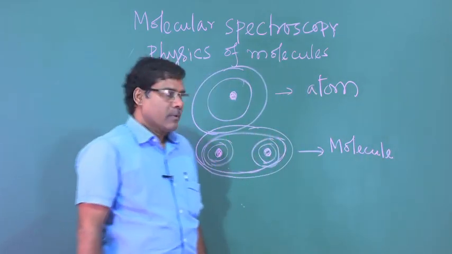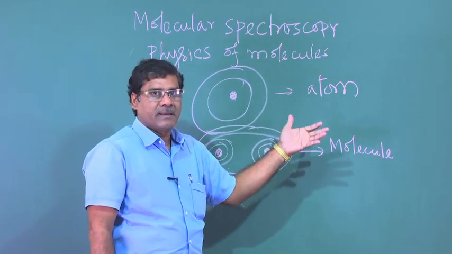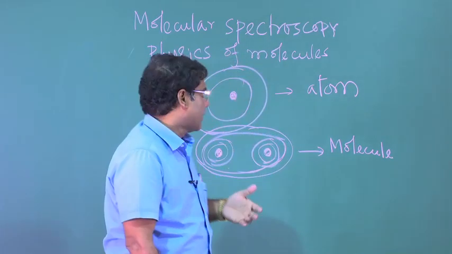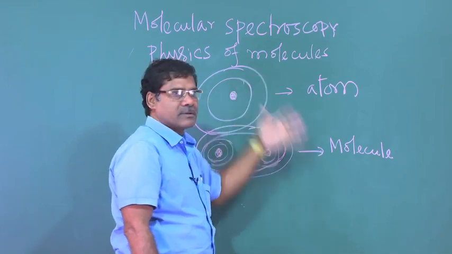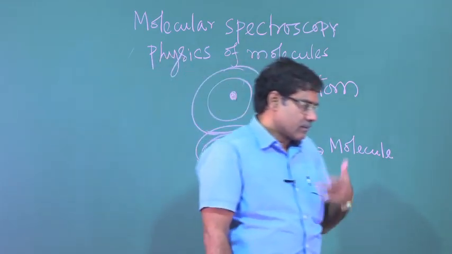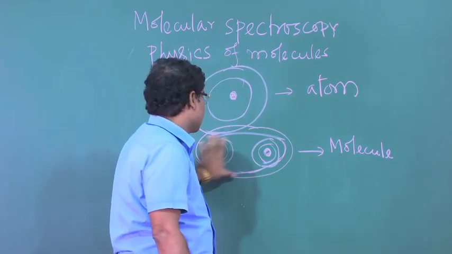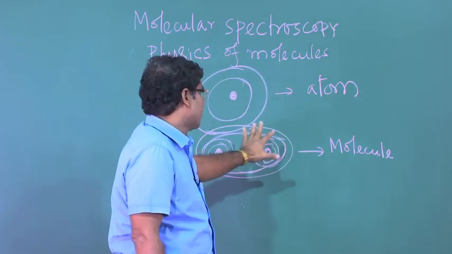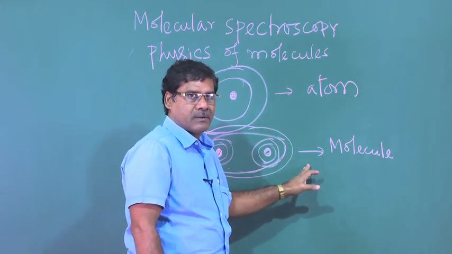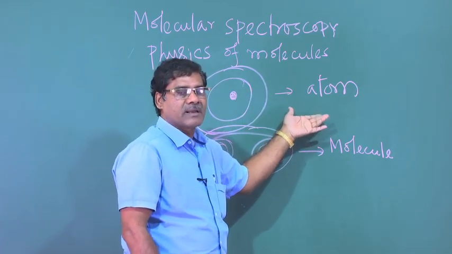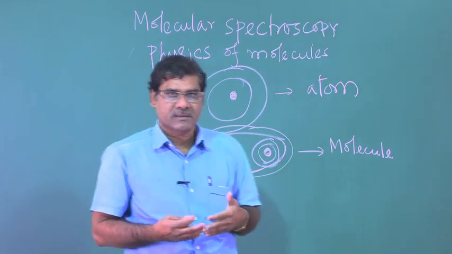Okay. So, the structure of atoms or the structure of molecules is basically how the system of electrons is bound with the nucleus. If one nucleus, then that is basically atomic structure.